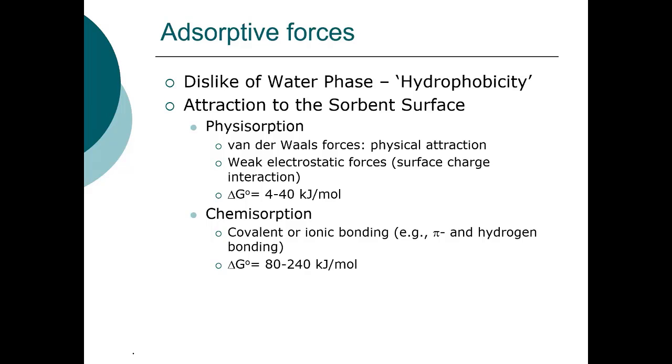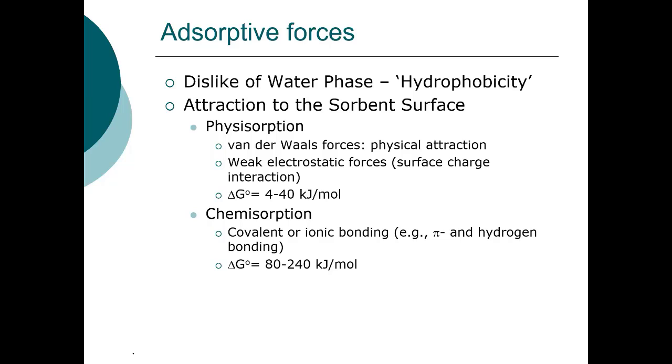Now, the forces that hold these chemicals to the surface are both physical and chemical. So if we're talking about what we call physisorption, these are weak forces, like van der Waals forces. They can be weak electrostatic forces.